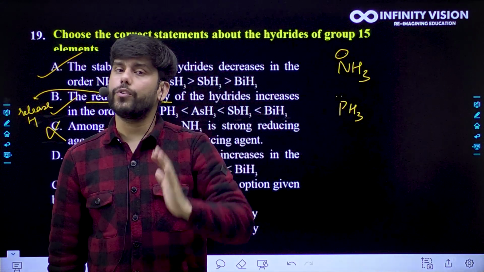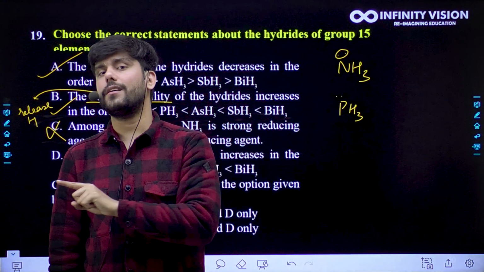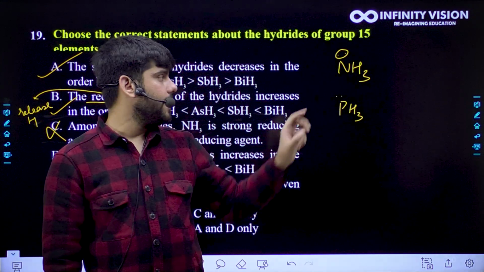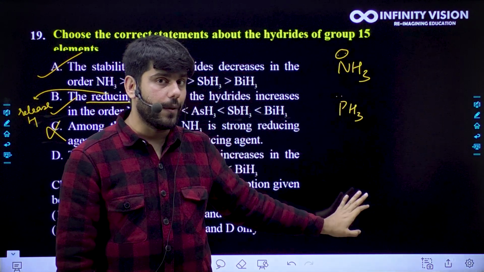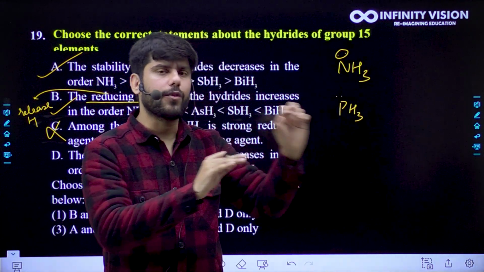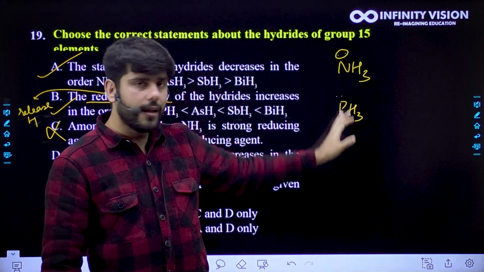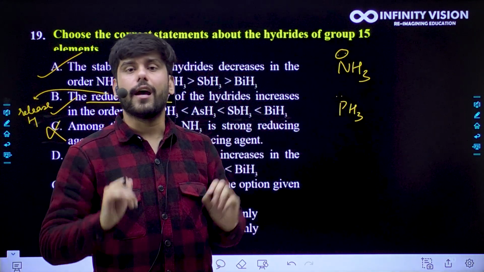Whereas as we go down the group, there is a dispersal of the lone pair, and hence the basicity decreases. Here it is localized and concentrated, but there it is dispersed over the entire volume.